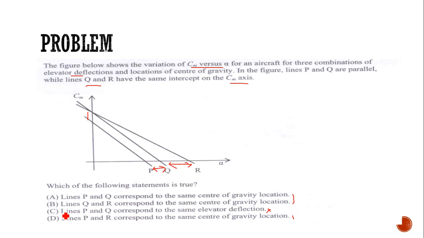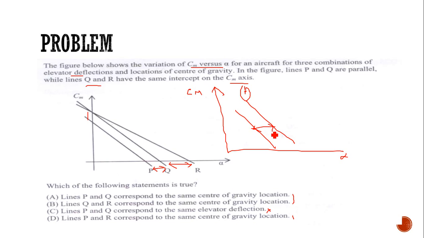The next option: lines P and R correspond to the same center of gravity location. We can see that if there is an intercept change, the center of gravity also changes. The moment coefficient diagrams will be like this only for elevator deflection, which means the center of gravity won't change, but only the elevator angle changes.